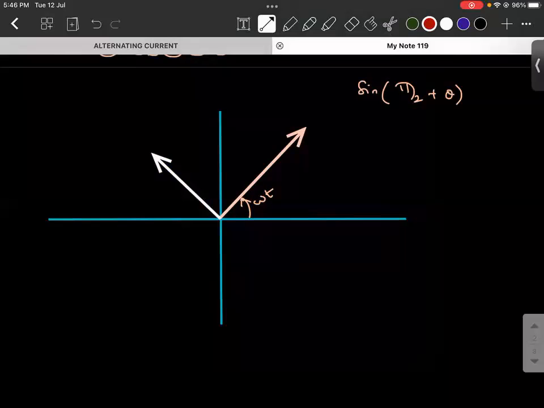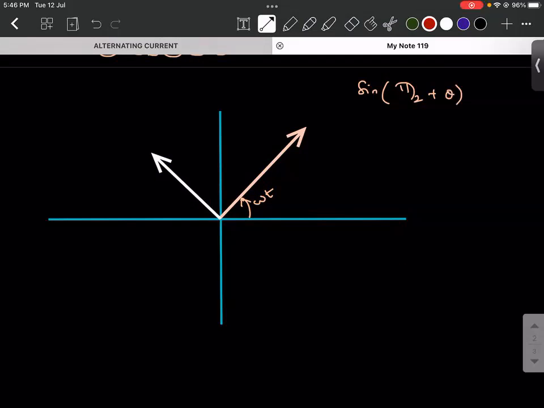Current is becoming I naught sine of omega t plus pi by 2. This is right. So from here, if you drop a perpendicular, this height is I naught sine of omega t plus pi by 2.